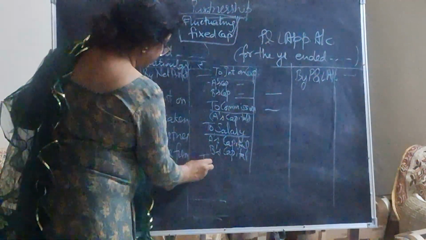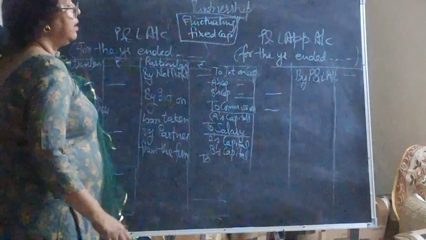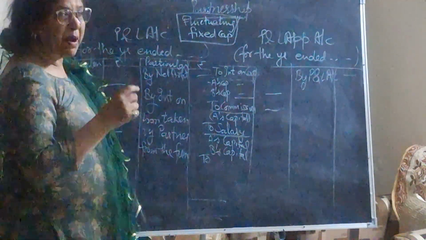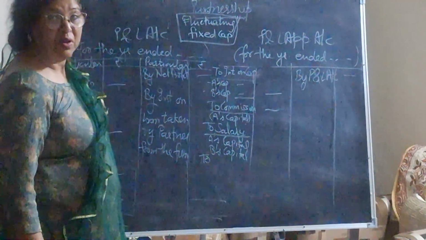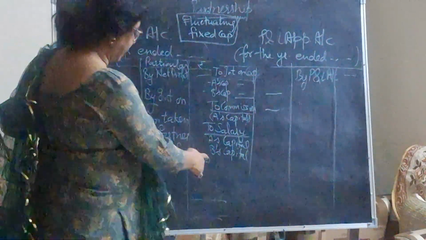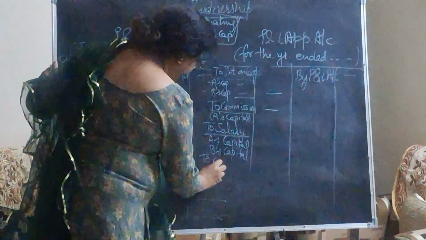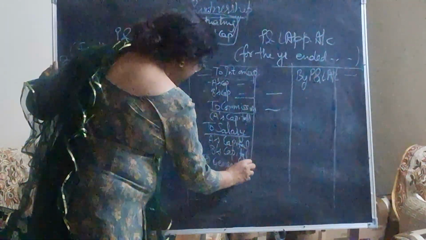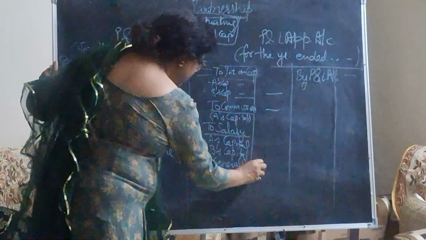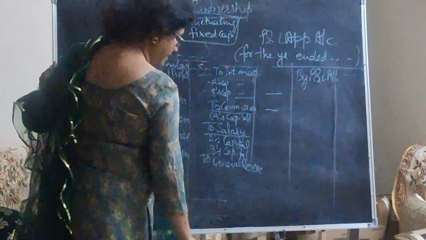Now something more here. If the partnership firm has made a provision of a certain reserve, say general reserve, that reserve will be shown here as per the deed.